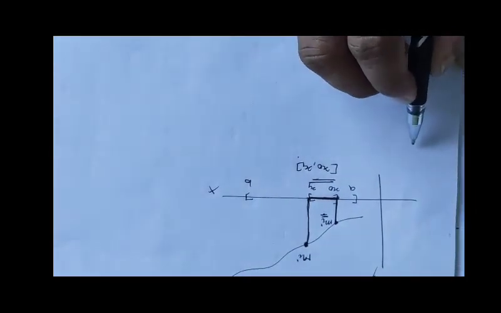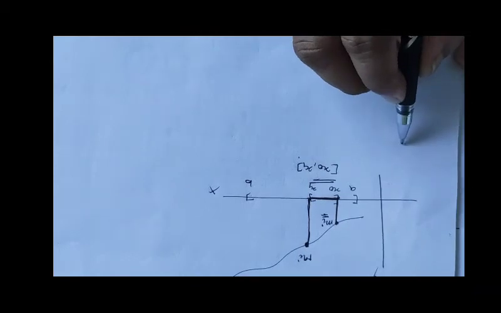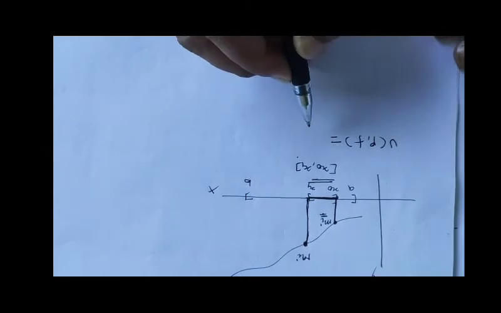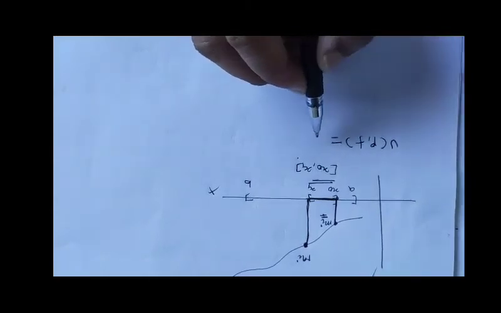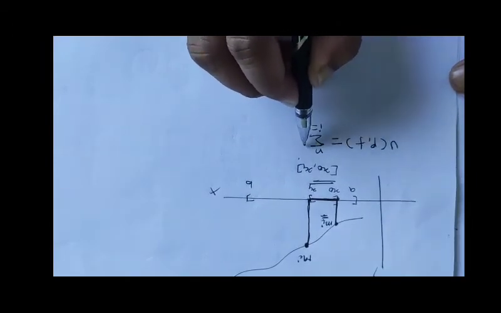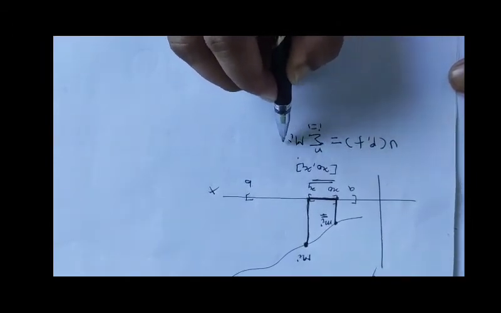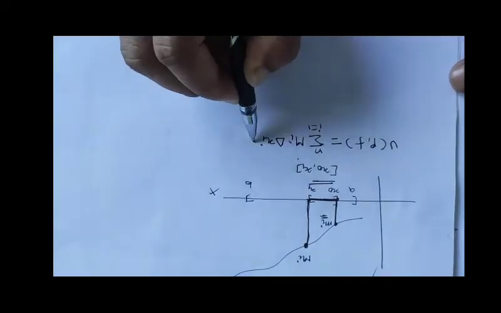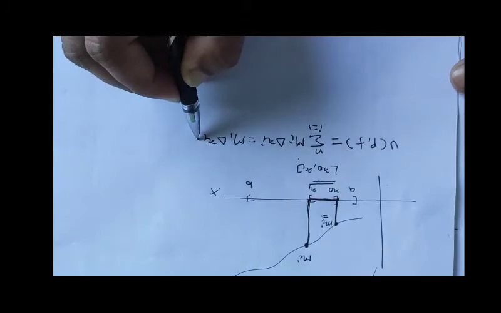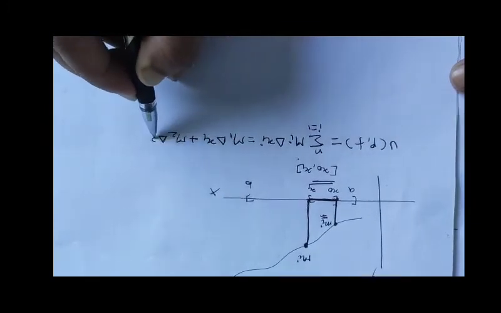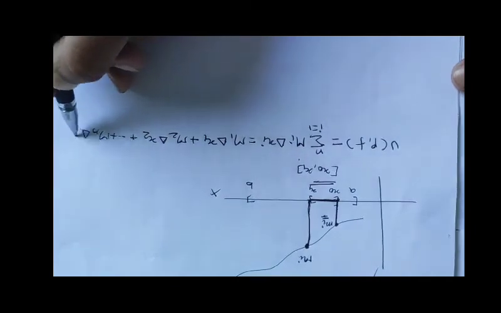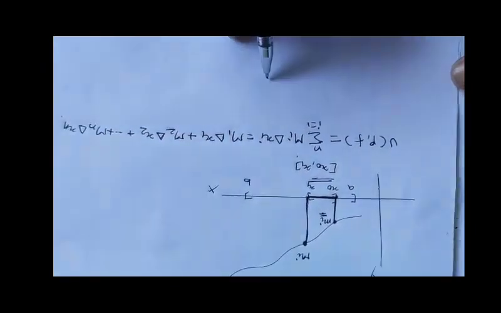Now we discuss some sums, indicated by U(P, f). Try to understand very carefully what is meant by U(P, f). U(P, f) is the summation, i running from 1 to n, of Mi delta xi, which is equal to M1 delta x1 plus M2 delta x2 and so on, up to Mn delta xn.